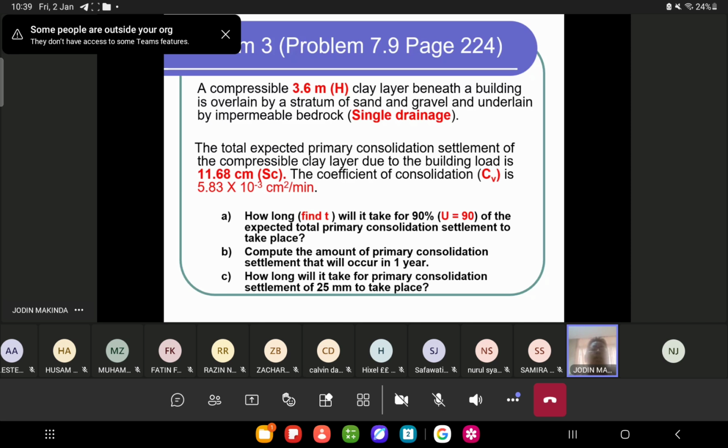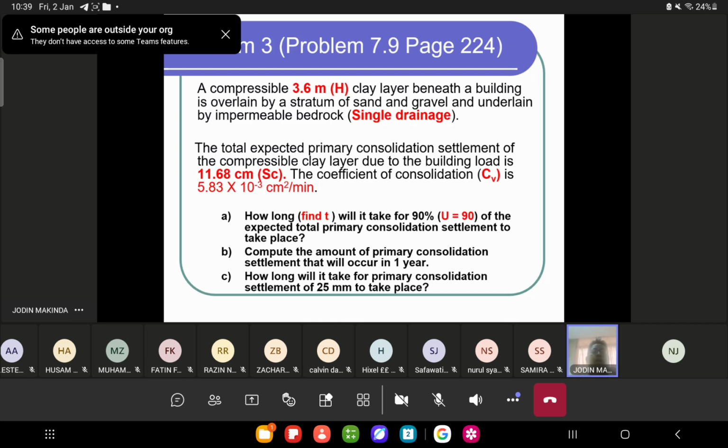All right. Okay, we are clear, right? Now, if you are clear, let's look into the last example. A compressible clay layer, 3 meter, overlain by sand and gravel and underlain by impermeable rock, meaning that the clay is single drainage. Given the total settlement is 11.68 centimeter, and the coefficient of consolidation is 5.83 times 10 to the minus 3 cm square per minute.